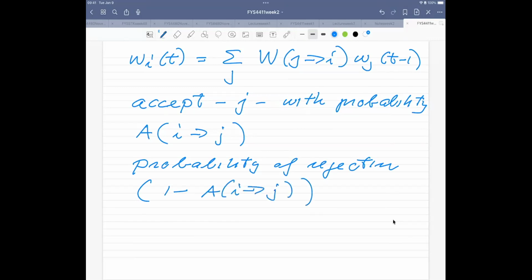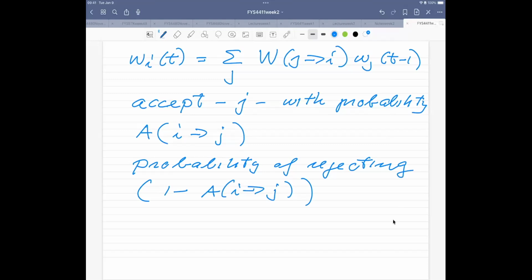So if the probability of accepting is given by this quantity, then since we have to sum the probabilities to 1, then clearly the probability of rejection must be given by this.